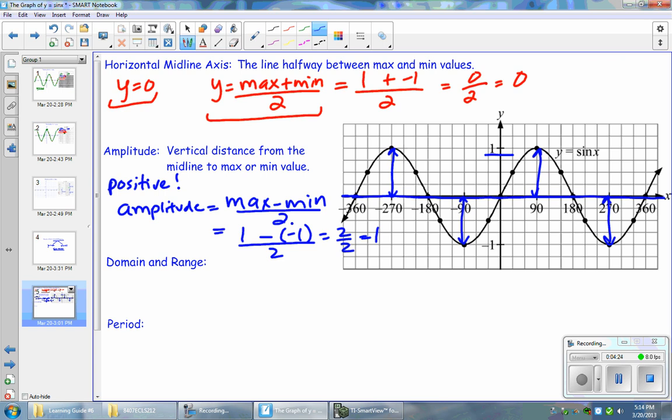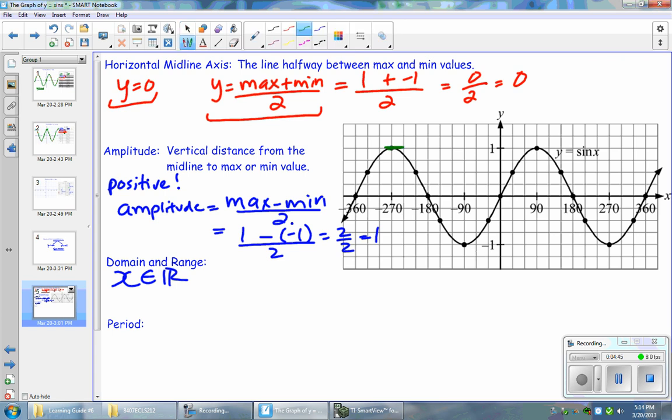Next we want to define our domain and range. Once again, we know that this graph extends outwards towards positive and negative infinity. It's a continuous graph. There are no breaks or points of discontinuity. So that means my x values are all defined. So we'll say x is a member of the reals. Now, our range is not going to be the same case here.